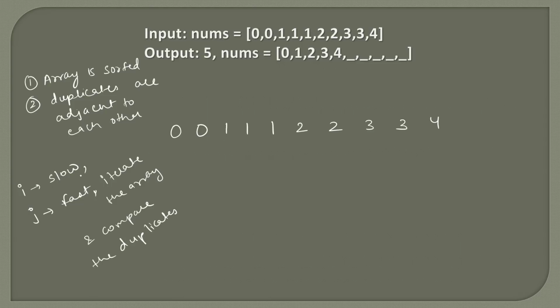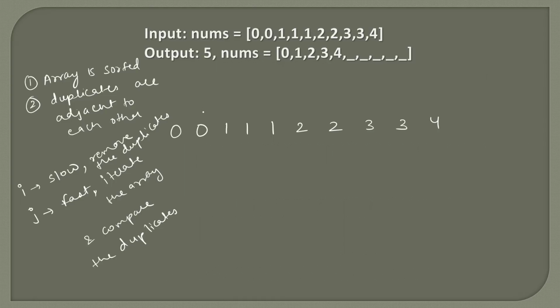And the purpose of i is to actually remove the duplicates. So as soon as i removes the duplicates from this array, it will move slowly one step at a time and j will simply traverse the array once.